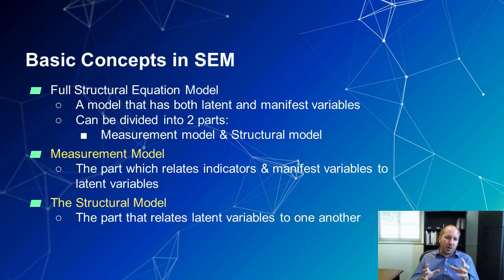The measurement model is the part which relates indicators and manifest variables to latent variables. I'll show you an example of what this looks like in a moment. And then the structural model is the part that relates latent variables one to another. So the measurement model is indicators and manifest variables to latent constructs, and the structural part is the relationship of the latent variables one to another.